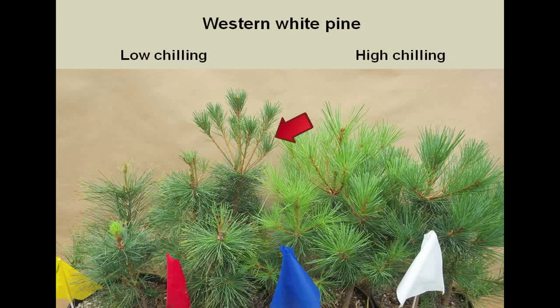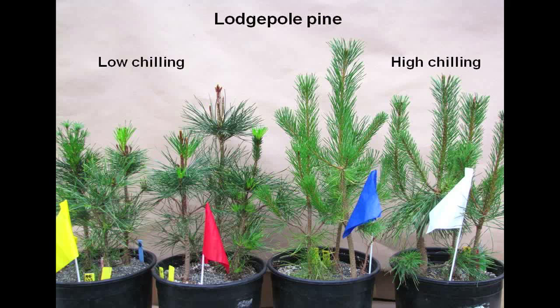And the needles are only on a portion of the shoot. This is lodgepole pine. You see the same kind of thing. You get these long shoots with long needles on them, and here the shoot elongated, but it never actually burst bud. There are no needles on that shoot for the year. Here we got some new needles and some multiple tops.